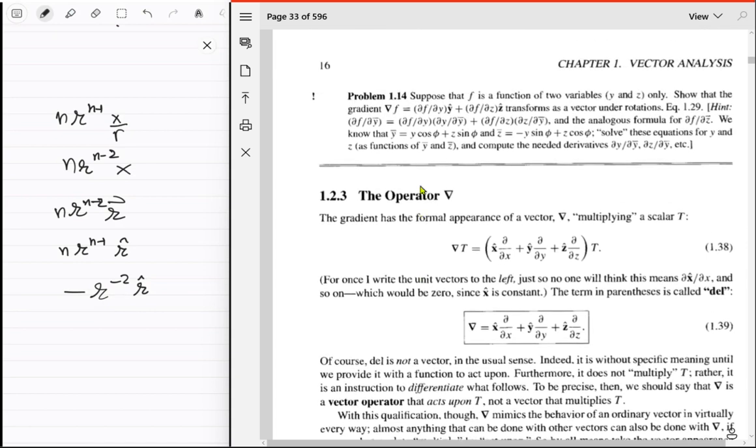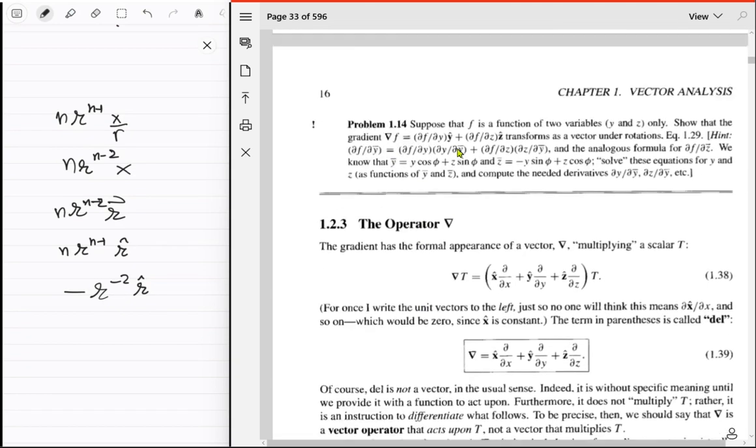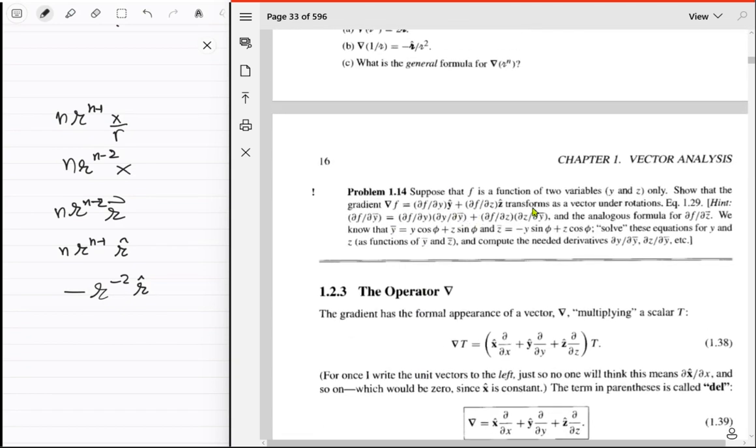Then you have another one. Suppose that f is a function of two variables. Show that the gradient transforms as a vector under rotations. They give a hint as well.